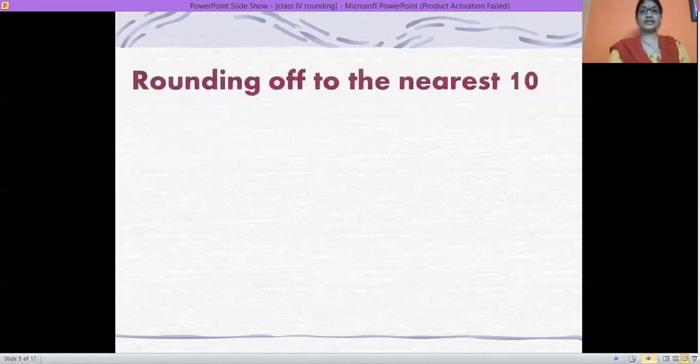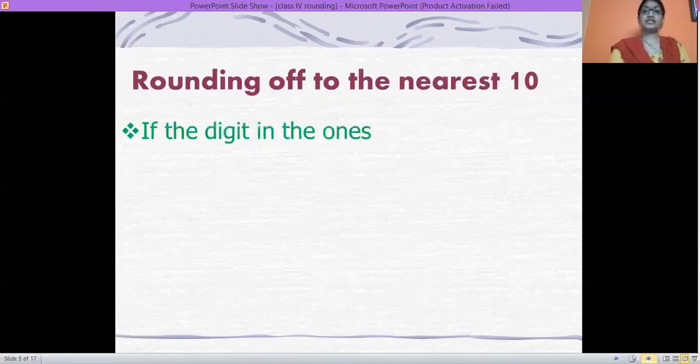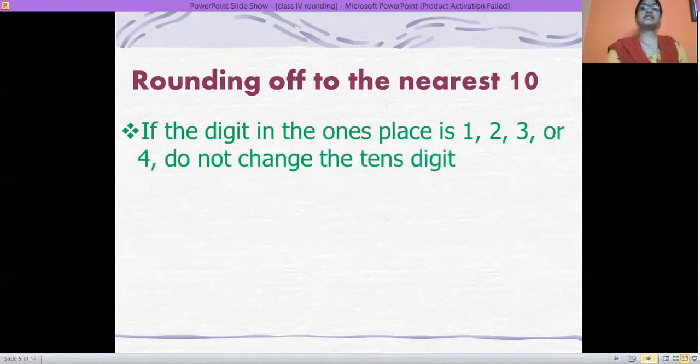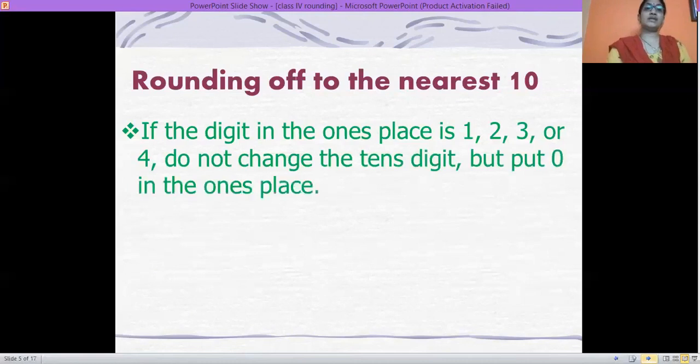Rounding off to the nearest 10. If the digit in the ones place is 1, 2, 3 or 4, that is less than 5, do not change the tens digit but put 0 in the ones place.